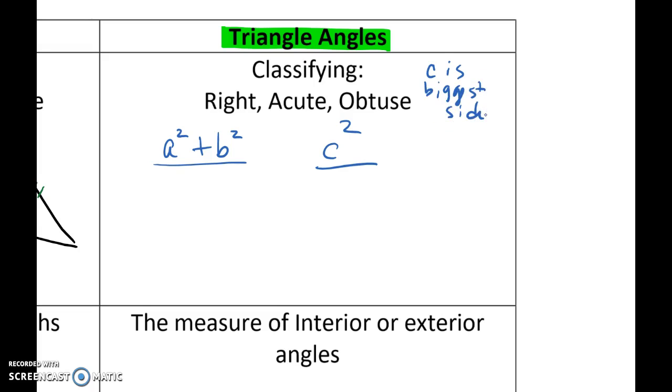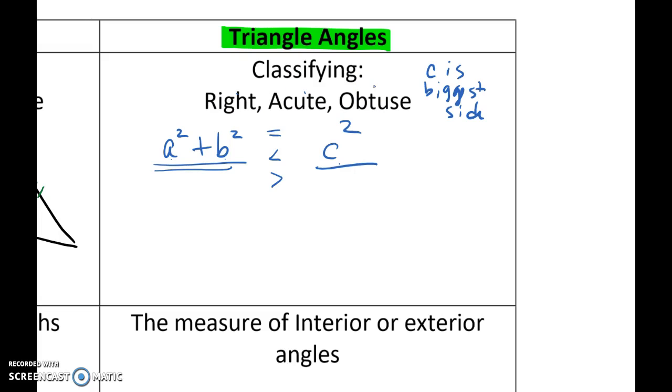Okay, now I know that this says triangle angles. I get it. It says we're supposed to be talking about angles, and all of a sudden I'm still talking about sides. But you have to use the sides to find out what's true about the angles. And 3 things can happen. If you do the math, this is either going to be equal to, or less than, or greater than. And based on that, you're going to know if it's right, acute, or obtuse.